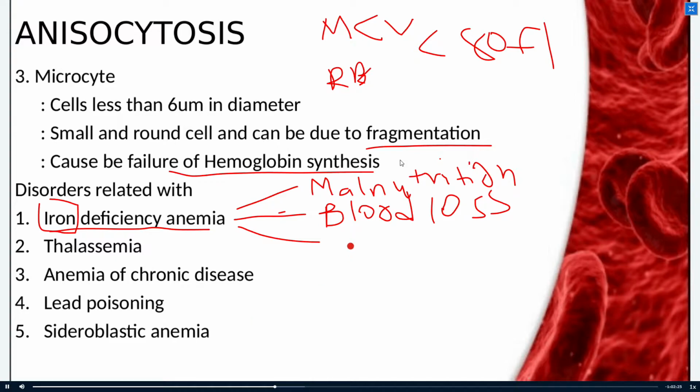Malnutrition, blood loss, and starts with the letter P. Okay, so we have your pregnancy. Miss Qualquera, bakit pregnancy? Why would your iron be decreased in pregnancy, Miss Qualquera?